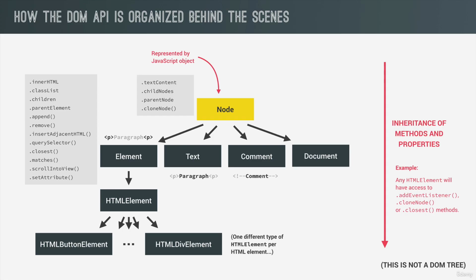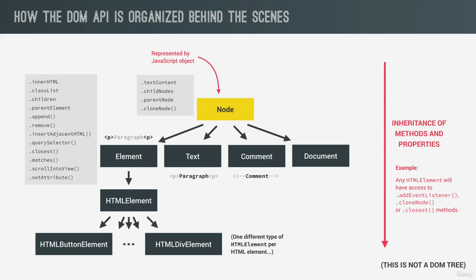So what is inheritance? Well, inheritance means that all the child types will also get access to the methods and properties of all their parent node types. For example, an HTML element will get access to everything from the element type, like inner HTML or class list or all these other methods and properties.